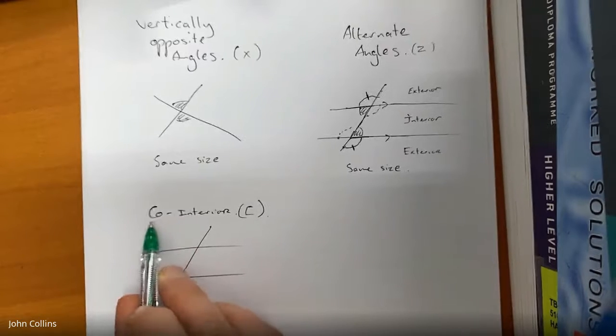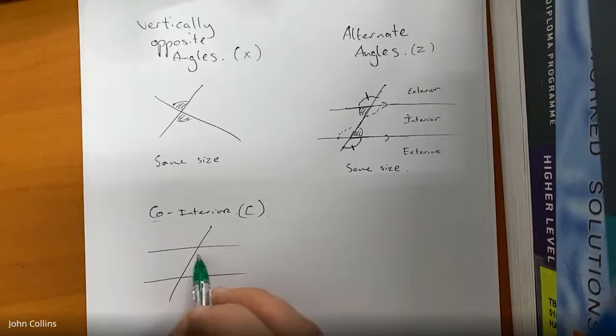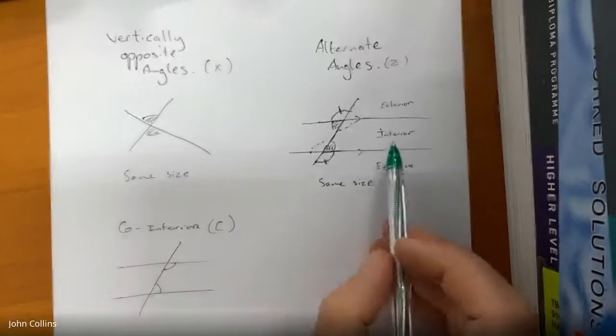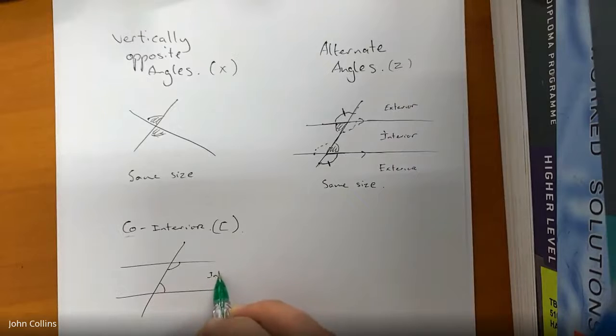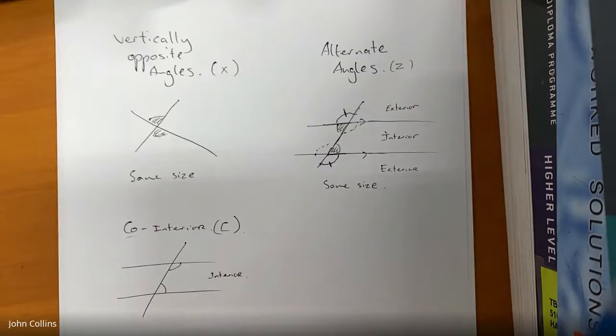So think the same side. They share the same side. So this one and this one, they are interior as well. So remember, going back to this, interior means between the two parallel lines. So interior. And these two add to 180 together. You can see one of them is acute and one of them is obtuse. So they add to 180.